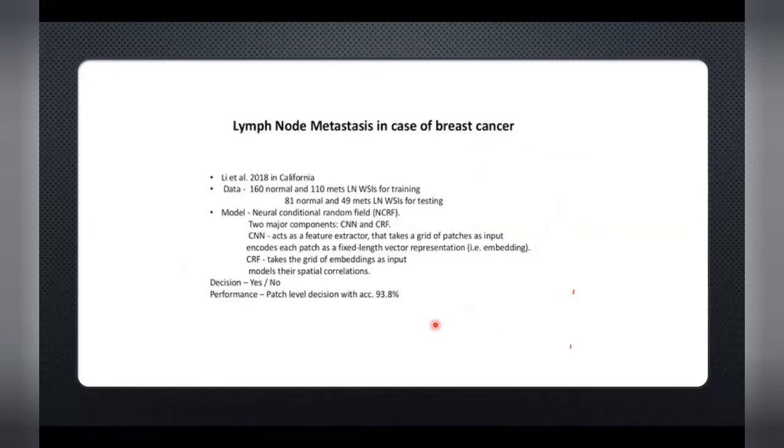The output required was whether the lymph node has metastasis or no metastasis, and the accuracy was 93.8%. You can imagine, when we look into the slides, about 30 to 40 lymph nodes, and we keep screening the lymph nodes for metastasis, it can be done in a jiffy with 93.8% accuracy by machine learning.